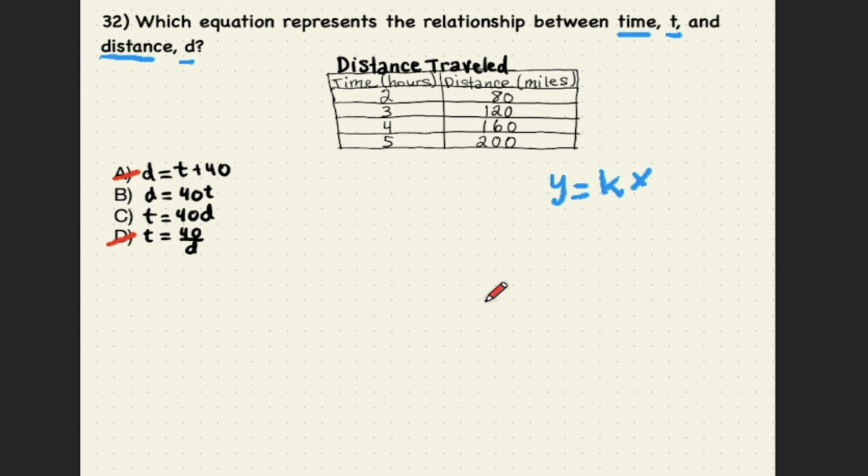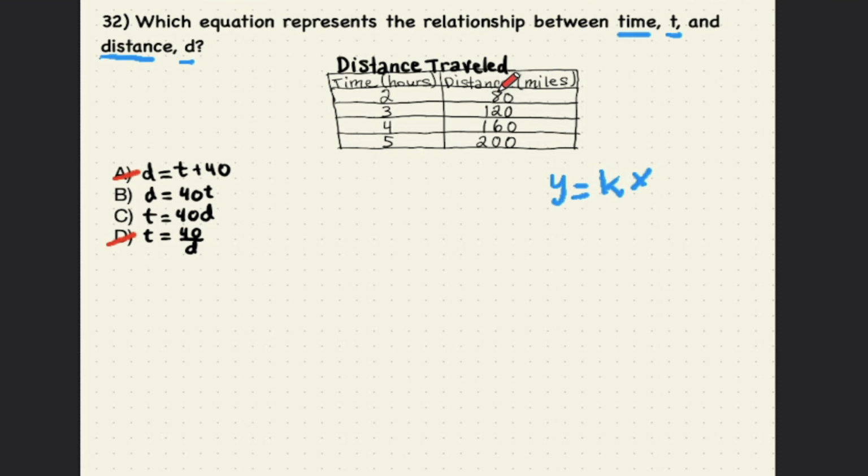If you take a look at answer choice B, we have d equals 40 times t, and we know that d is distance. Let's take a look here. t is 2. So if we replace this t with 2, and remember we're multiplying, d equals 40 times 2, that gives us 80, the distance.